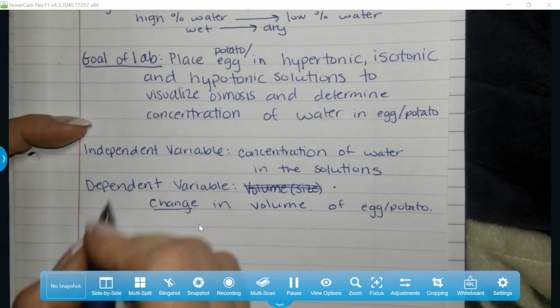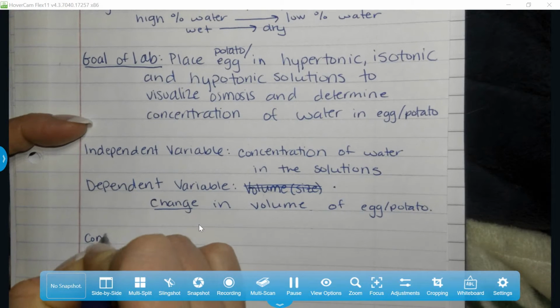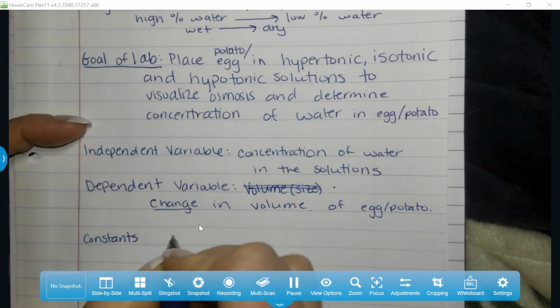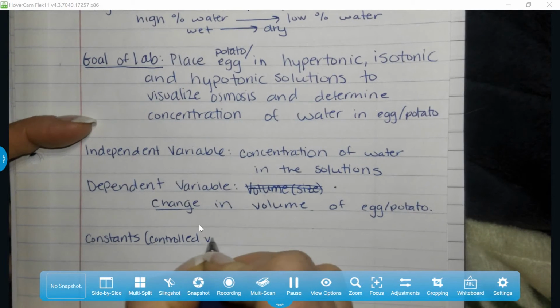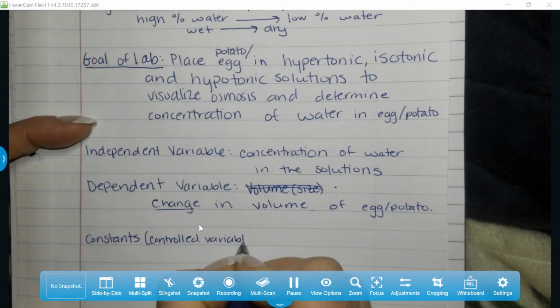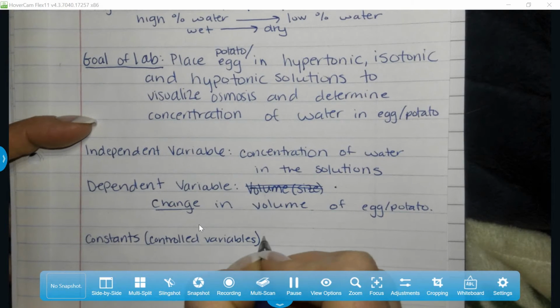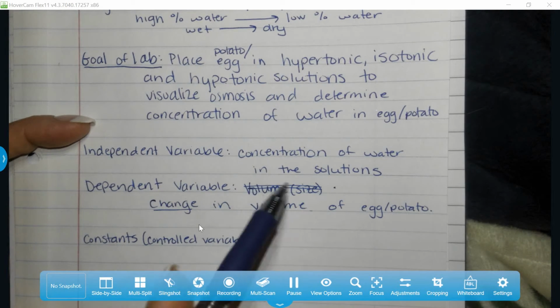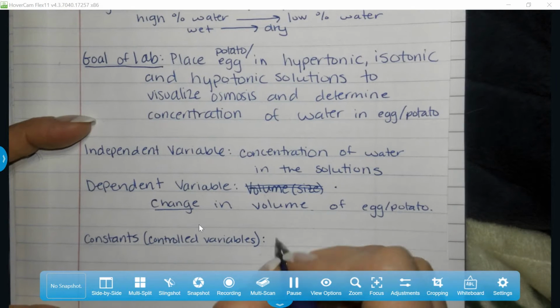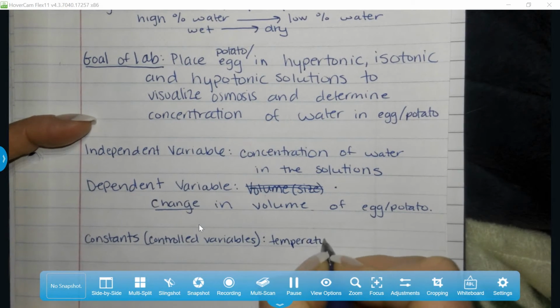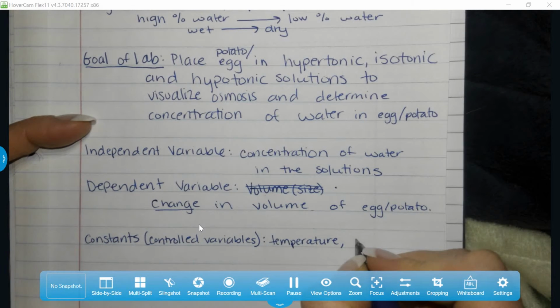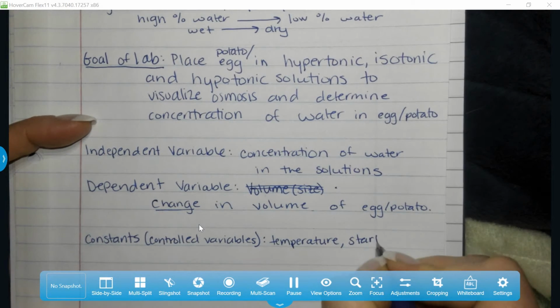And our constants, also known as controlled variables, should really be everything except for the concentration of water. So the temperature in your room is going to be the same for all of them. The starting size of your egg or potato should be about the same.